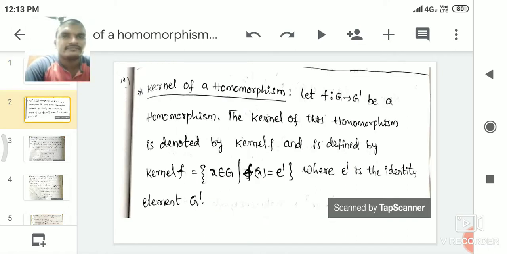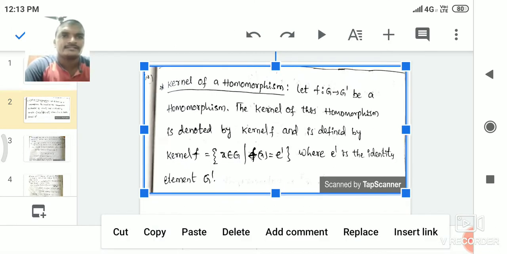First, what is the definition of the kernel of a homomorphism? Let f be a mapping from G to G dash, a homomorphism. The kernel of this homomorphism is denoted by kernel f and is defined as the set of all elements x belonging to G satisfying the condition f of x is equal to e dash, where e dash is the identity element in the group G dash.